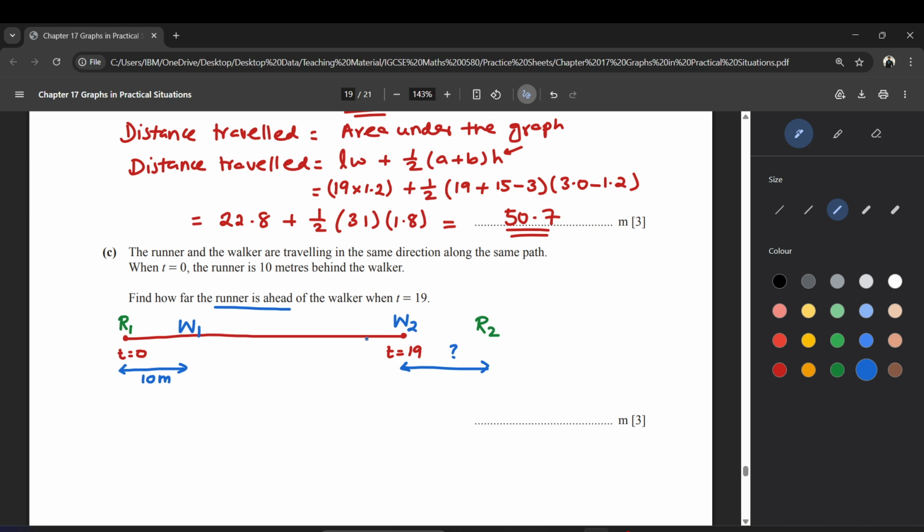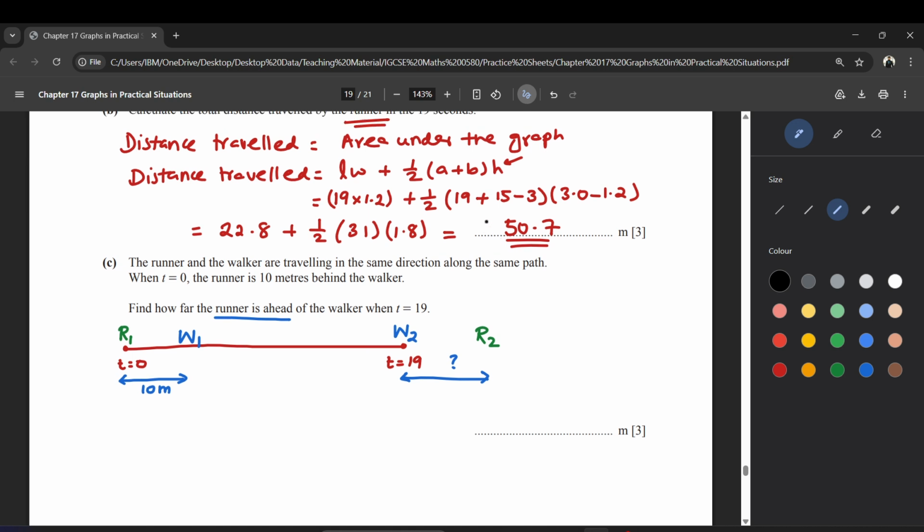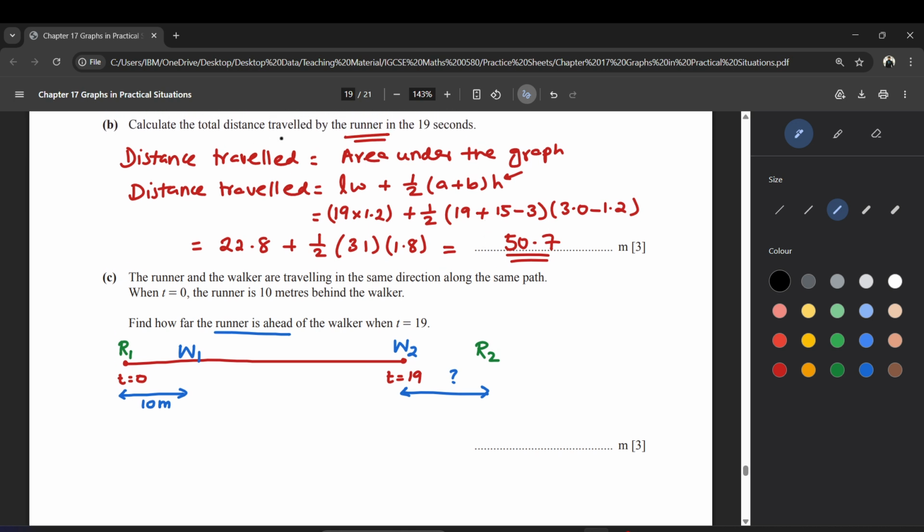Now, another thing that we worked out in the previous part is how much distance was traveled by the runner in 19 seconds. So from this green point to this green point, that is a total of 50.7 meters.